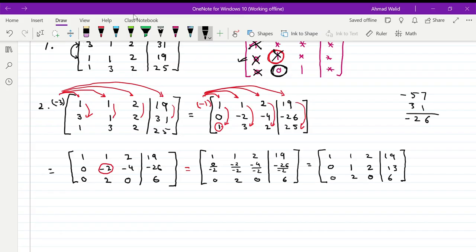To do that, we know the process. We are looking for the opposite of 2, which is negative 2, but where to multiply? Multiply to the corresponding 1 in the column. The corresponding 1 in the column is here. It means you multiply negative 2 by row 2.